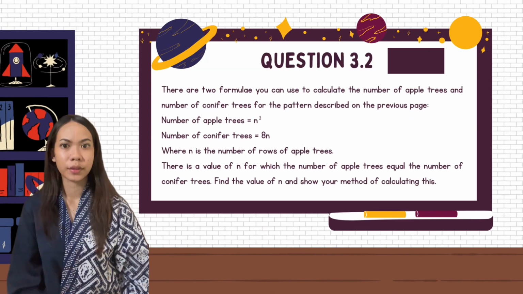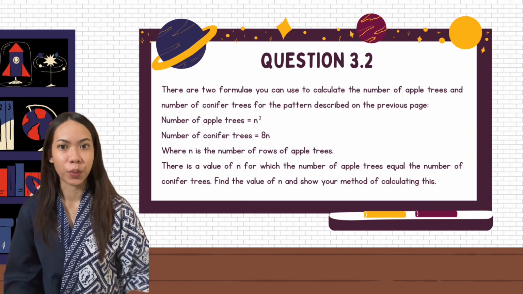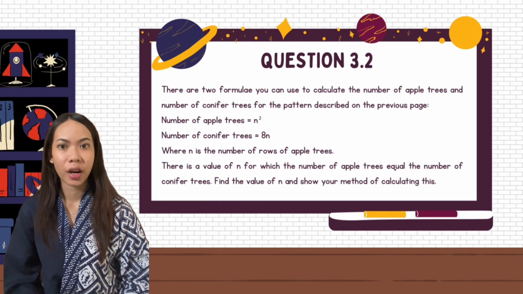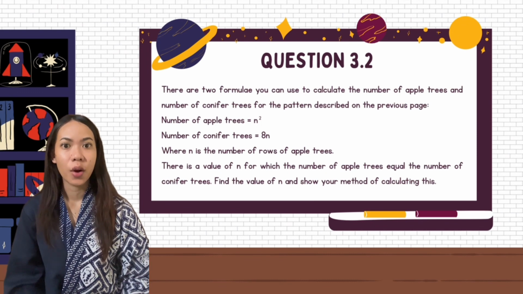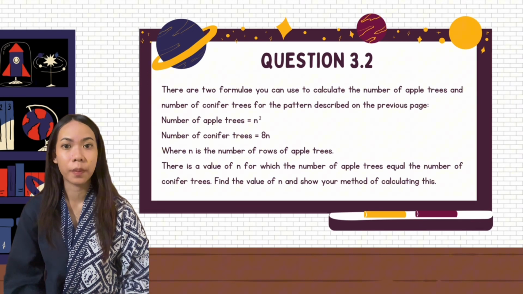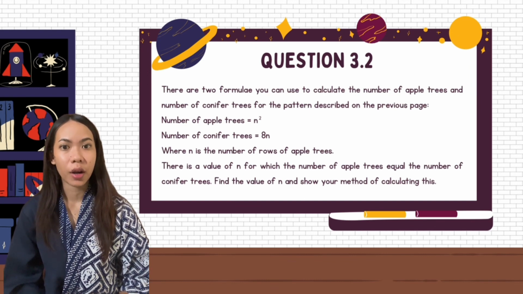Question 3.2. There are two formulas you can use to calculate the number of apple trees and the number of conifer trees for the pattern described on the previous page. Number of apple trees equals n squared.